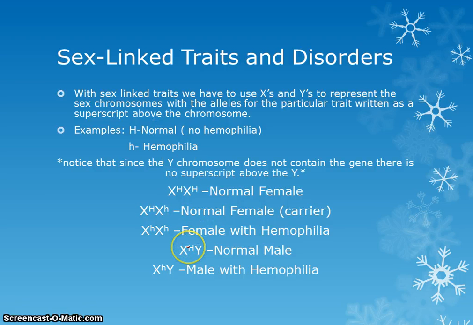There's nothing else there to go with it. Now, if you go down here to this male, this XY, we know he's a male that way, he has a lowercase h. There's no dominant there to cover it up like there is up here on this carrier female. He's automatically going to have hemophilia because he has this recessive trait. Understand? It's really simple and easy.